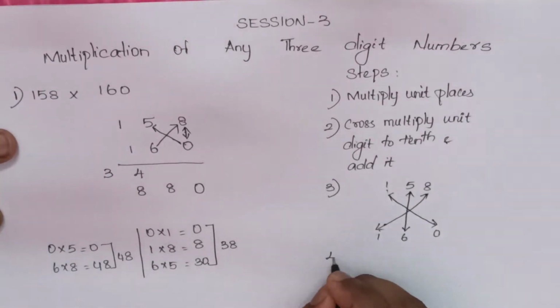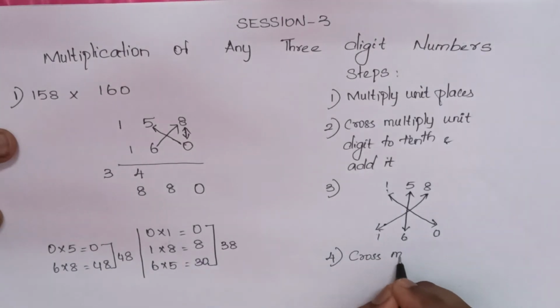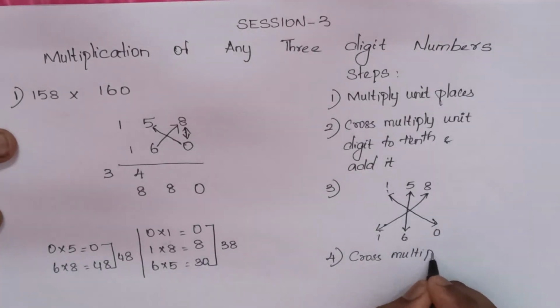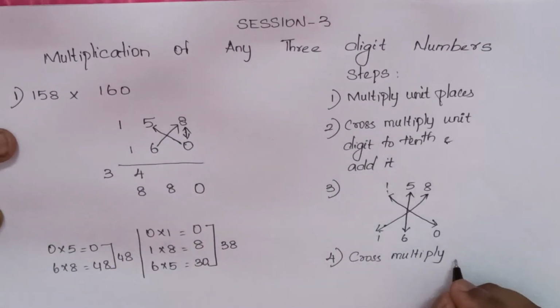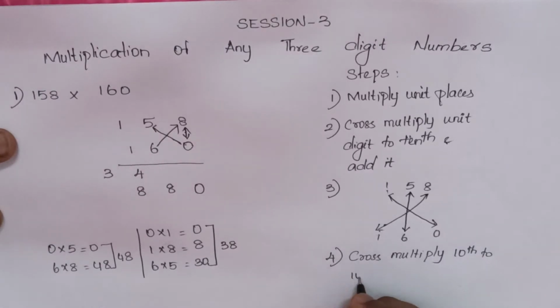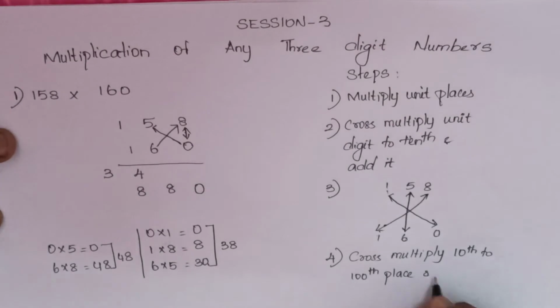The fourth step is again cross multiplication. Cross multiply the 10th to the 100th place, and add it.